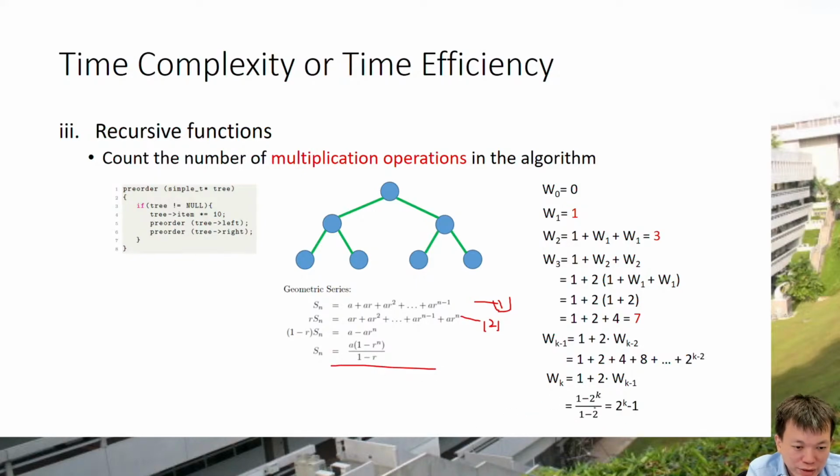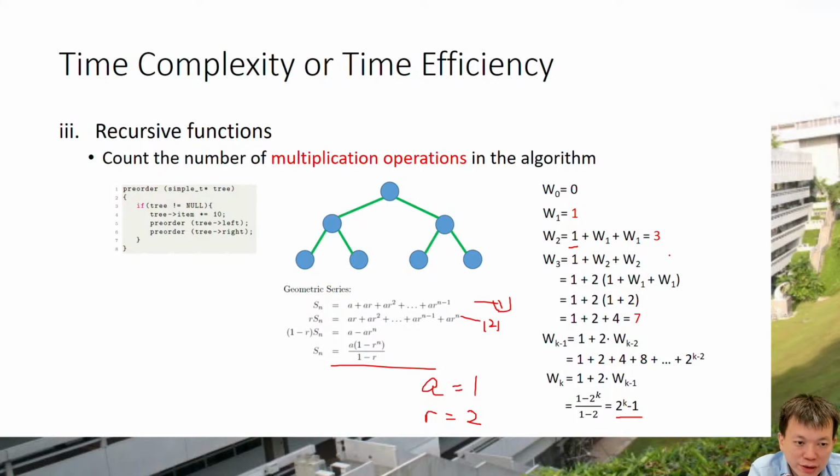In this case, my first term is 1, so a equal to 1. My r is 2, because every time I need to multiply by 2. So it's 1 minus 2 power to k over 1 minus 2. So this is 2 power to k minus 1.